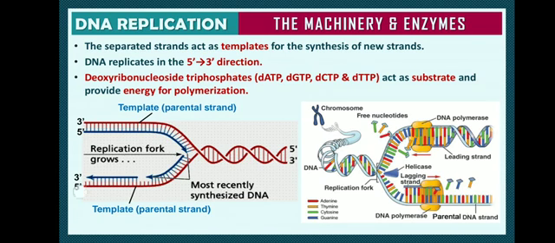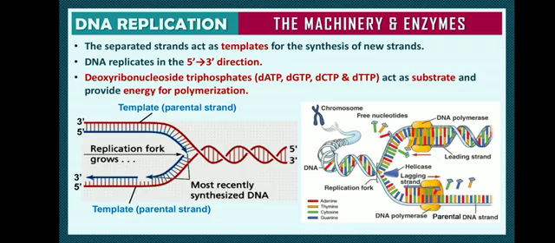Whereas in the other parental strand, which is already in the 5' to 3' direction, the new strand would have to be synthesized in the 3' to 5' direction. We know very well that 5' to 3' synthesis is possible, whereas 3' to 5' synthesis is not possible, students.